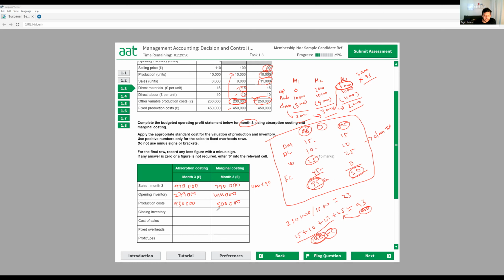Closing inventory. Now we have 2,000. If you remember, at the end of month number 3, we have 2,000 as the closing inventory. So 2,000 times 95 gives me 190,000.